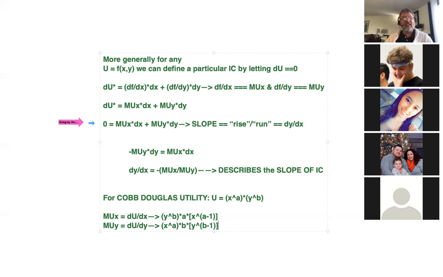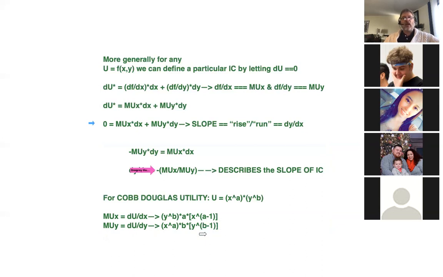Yeah, that's right. Now, the thing that I want to point out is, remember, for the indifference curve, what we're trying to do is calculate the slope of the indifference curve for our tangency condition. And remember, it's going to be minus MUX over MUY, right?